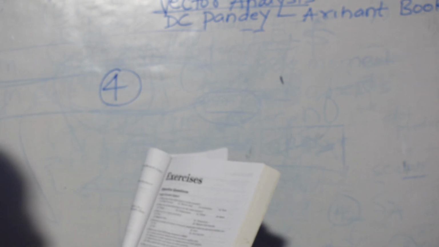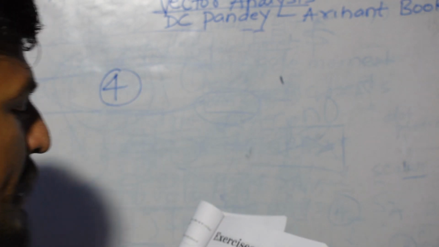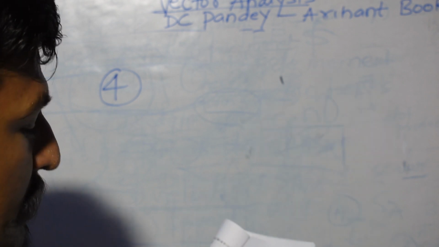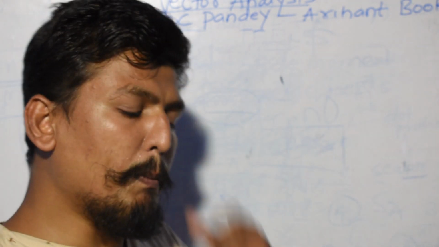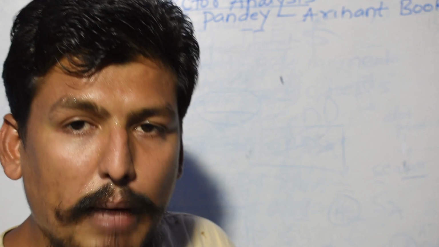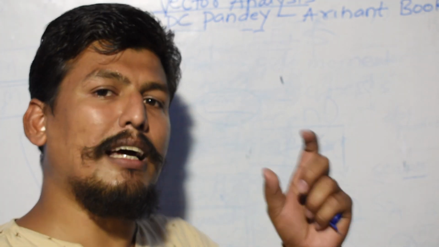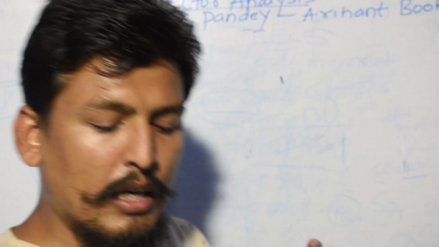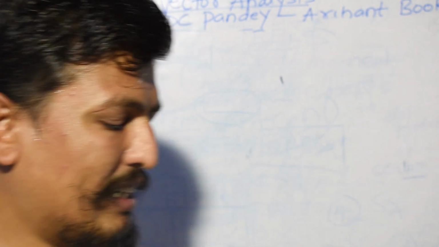Fourth question: minimum number of vectors of unequal magnitude which can give zero resultant. I repeat the question. Unequal magnitude means having different numerical values. Now let's see.